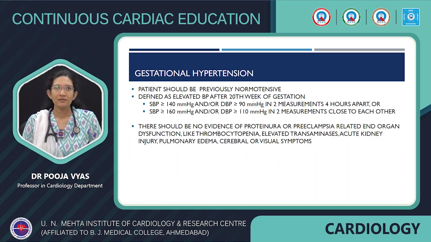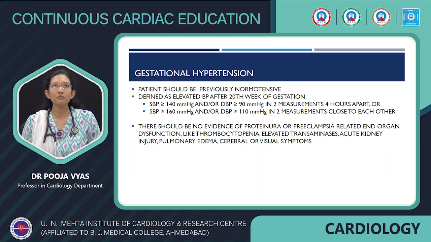First is gestational hypertension. To diagnose a patient with gestational hypertension, the patient should be previously normotensive, and there should be elevated blood pressure after the 20th week of gestation.